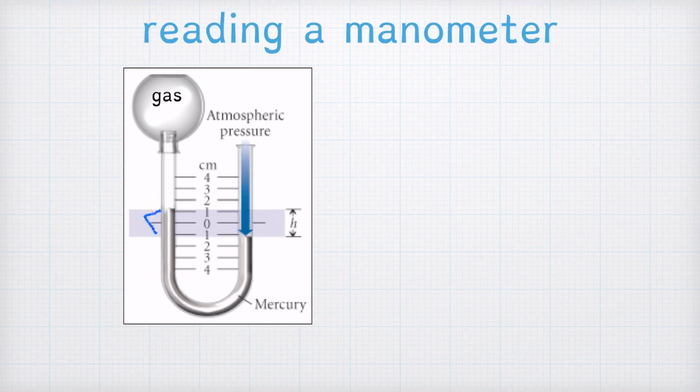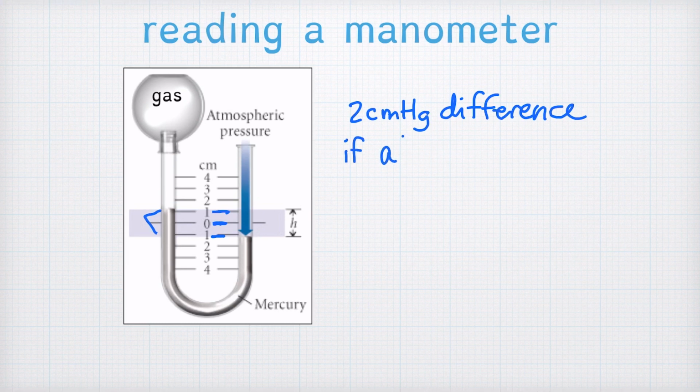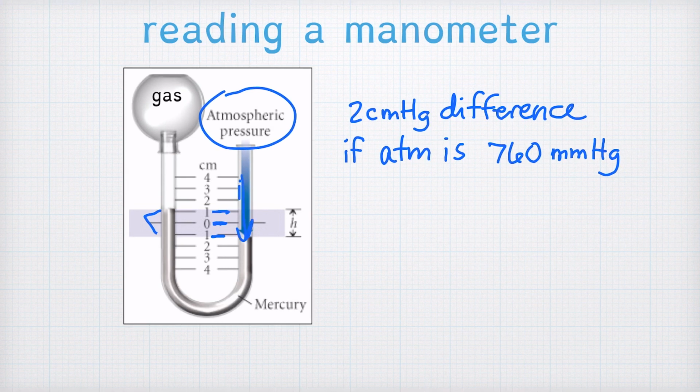So in this example, we have a difference of 2 centimeters mercury. If the atmosphere is 760 millimeters mercury, and the atmosphere is pushing harder, right? This one is pushing down. It's at a lower height.